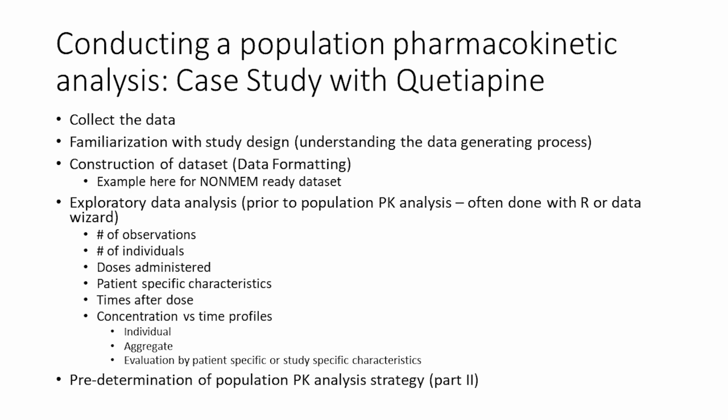This is important in terms of evaluating those profiles at the level of patient-specific or study-specific characteristics. Part two of the vignette will cover the population pharmacokinetic model building and analysis strategy, and is outside the scope of this initial vignette.